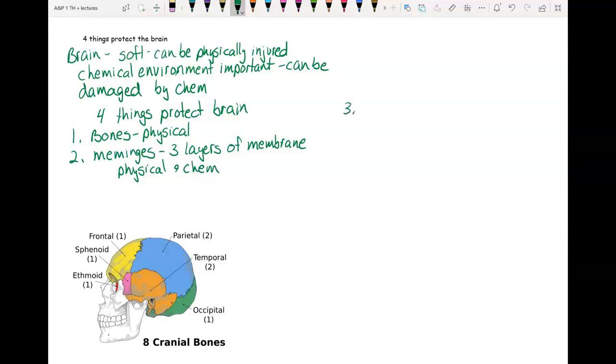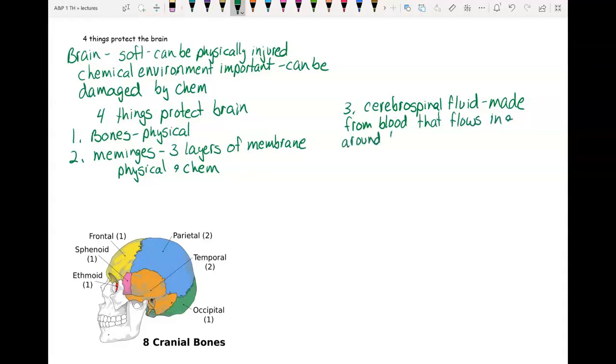You have cerebrospinal fluid. This is a special fluid made from your blood that flows in and around the brain and the spine, and it does both physical and chemical protection.